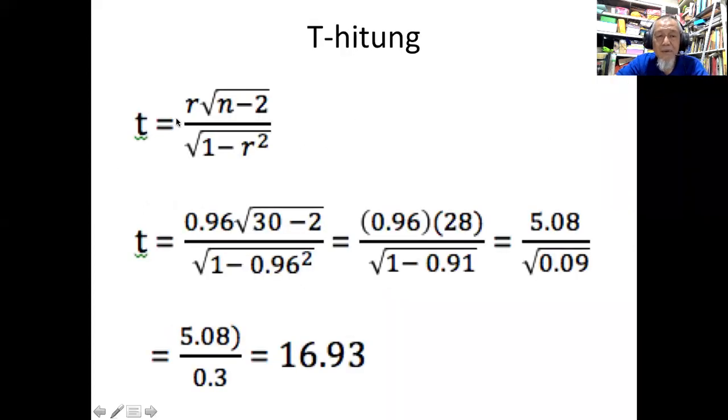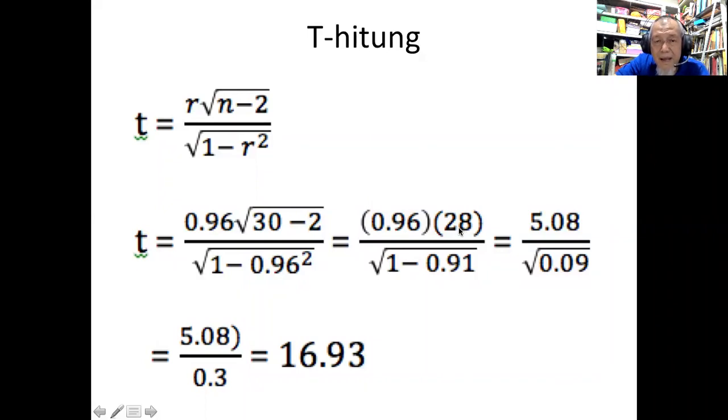T equals R, R is 0.96, times square root of 30 minus 2. 30 is the number of samples or observations, divided by square root of 1 minus R square. R square is the correlation coefficient squared, 0.96 squared.